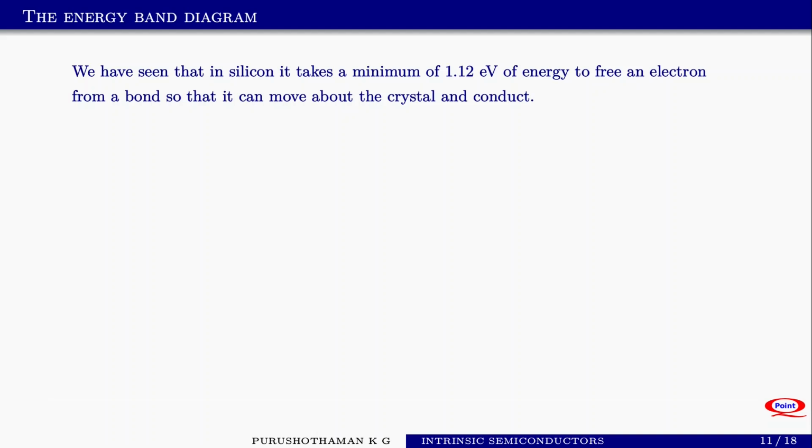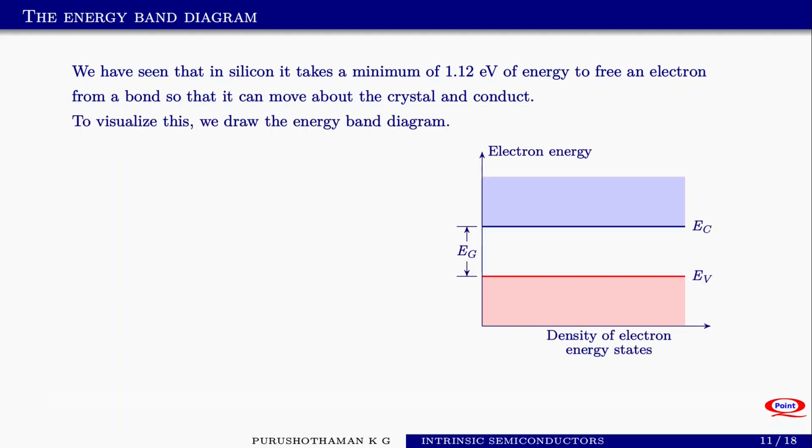Now another method of representing a semiconductor material or any material is by using energy band diagram. So we will now plot the energy band diagram of a semiconductor. We already have seen that in silicon it takes a minimum of 1.12 electron volt of energy to free an electron from a bond so that it can move about the crystal and conduct. To visualize this, we draw the energy band diagram.